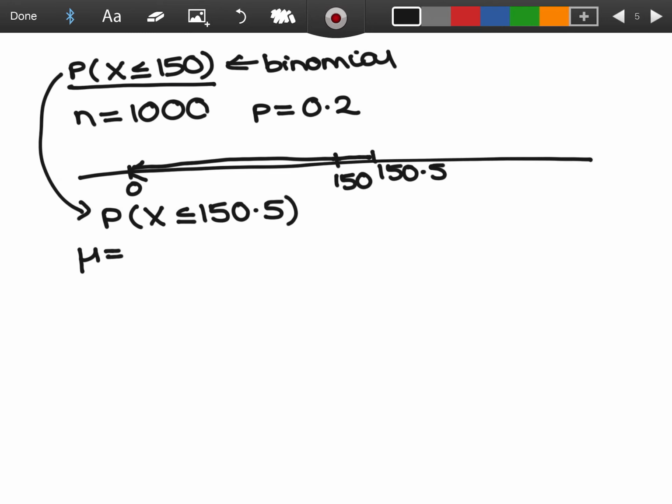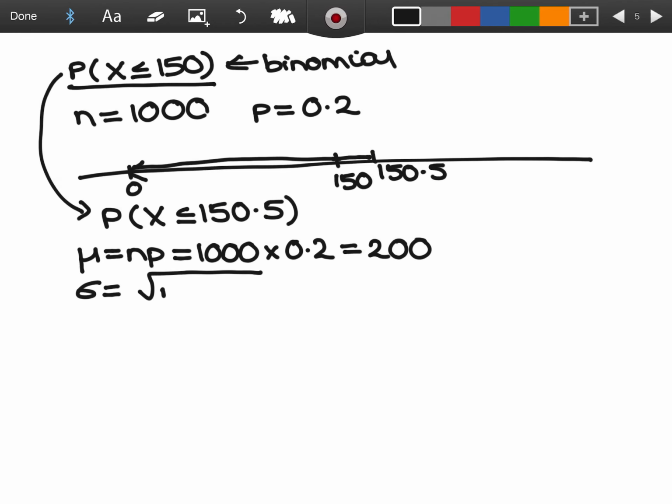My mean is N times P, which is 1,000 multiplied by 0.2, which would be 200. And then my standard deviation is going to be the square root of N times P times 1 minus P. If you plug in N is 1,000 and P is 0.2, this comes out to the square root of 160, which is approximately 12.6491.